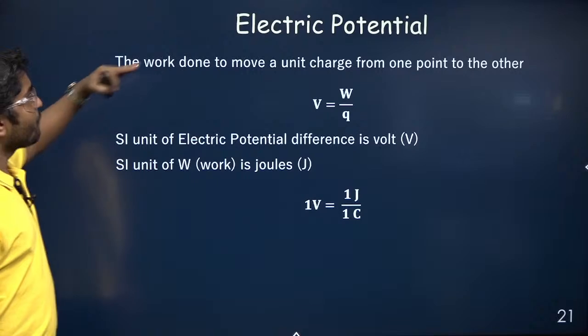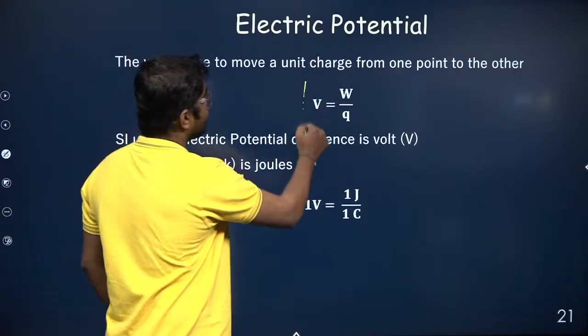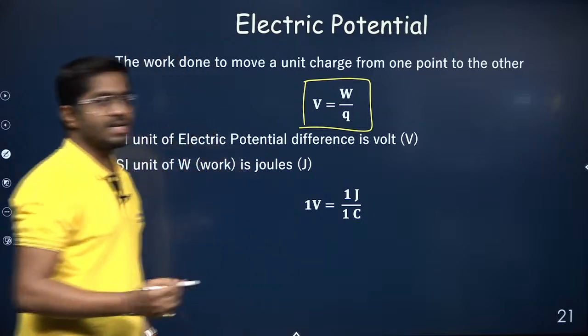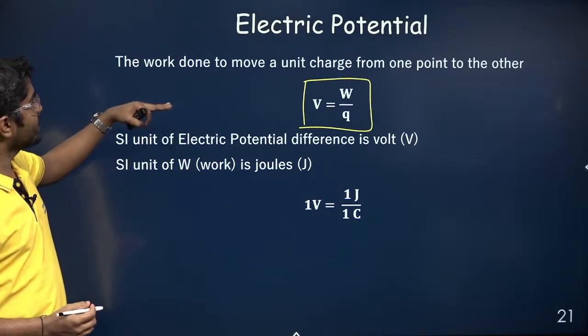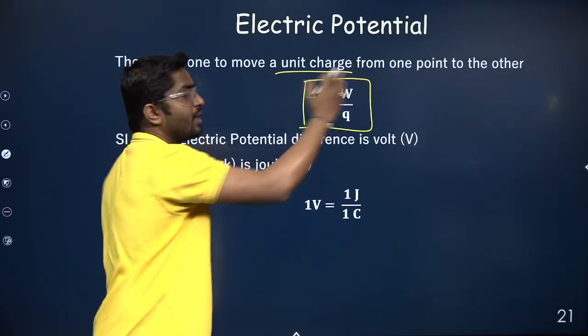So now what is potential? Electrical potential is defined as work done per unit charge. So what is electric potential? It is the work done to move a unit charge from one point to another.